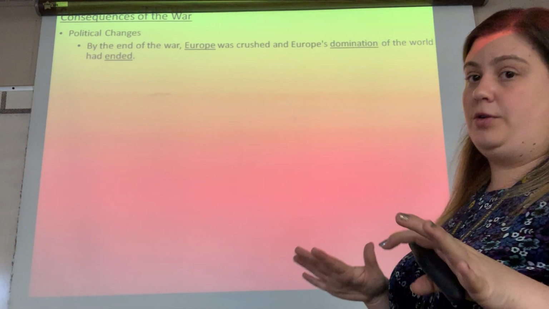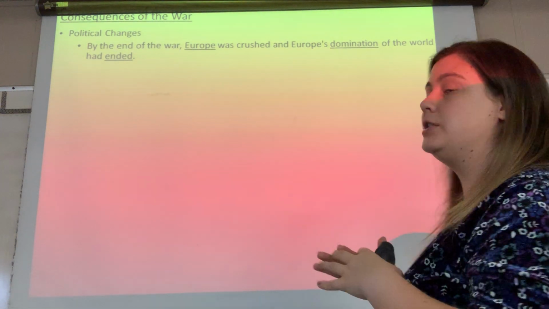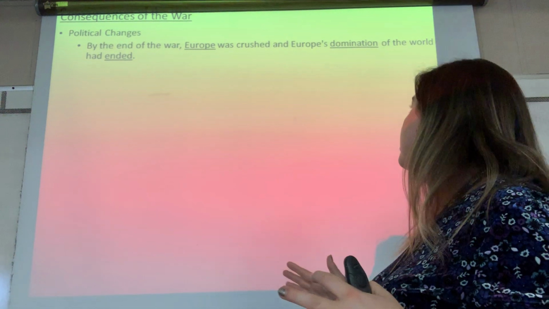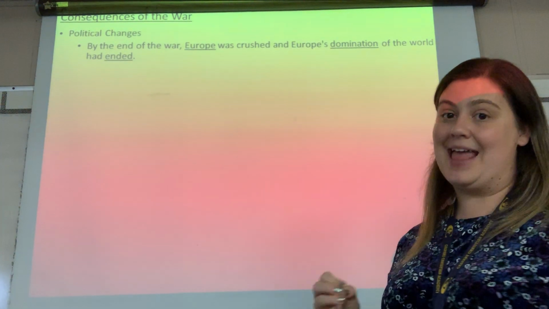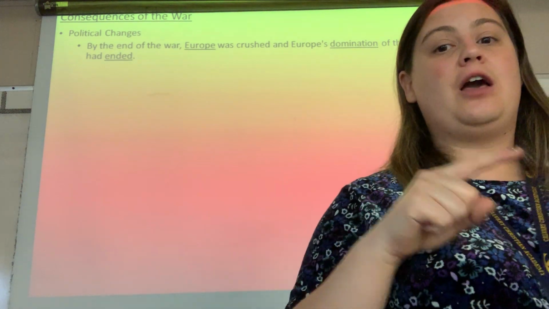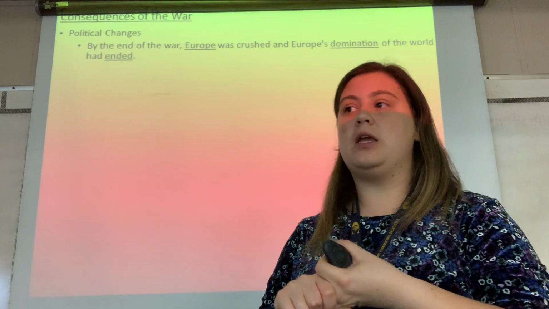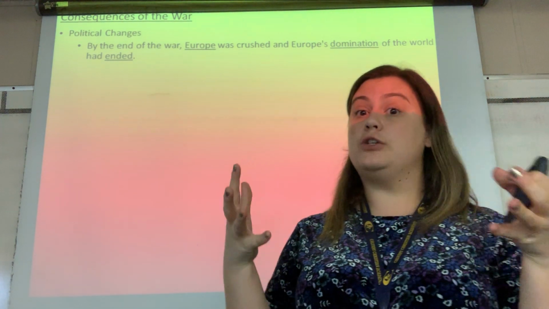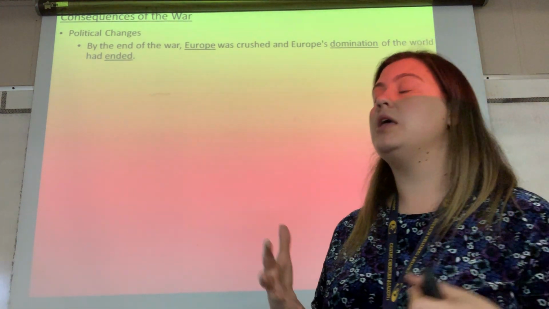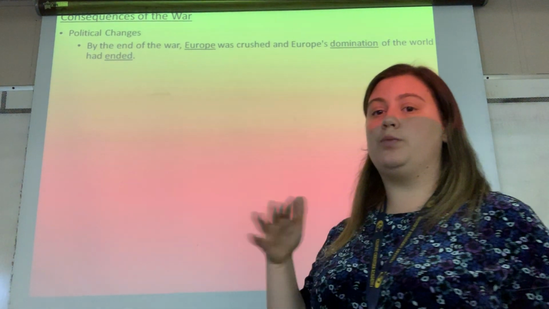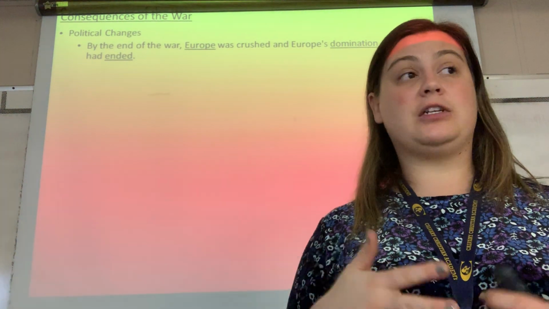So by the end of World War II, Europe was crushed, and Europe's domination of the world had ended. Previous to this, countries like Britain, France, to a certain extent Germany, were kind of the major world powers at the time. But the war really wrecked their economy. It wrecked their infrastructure.